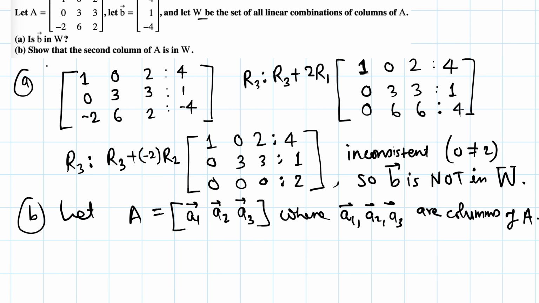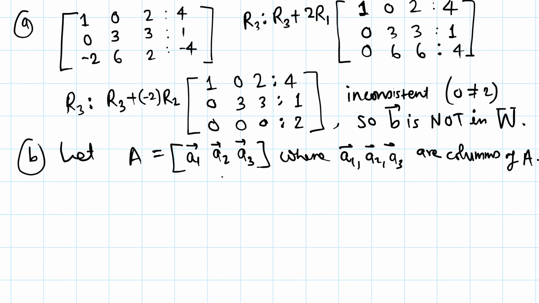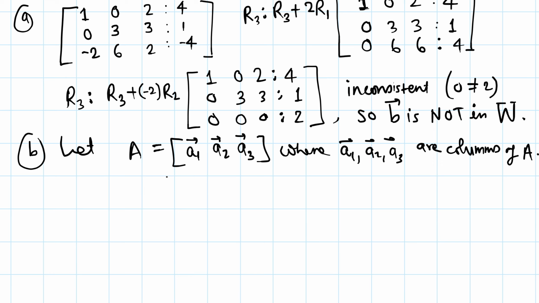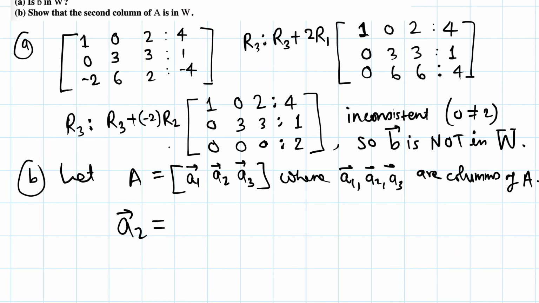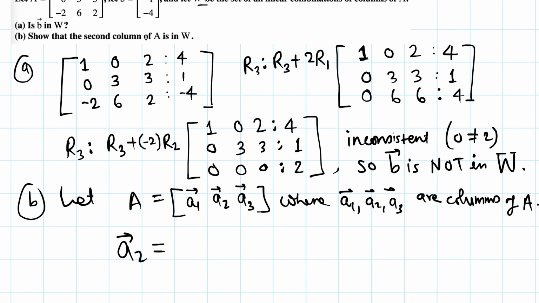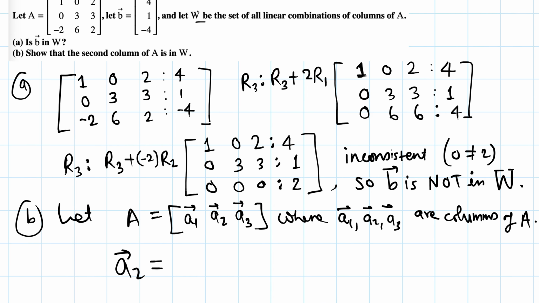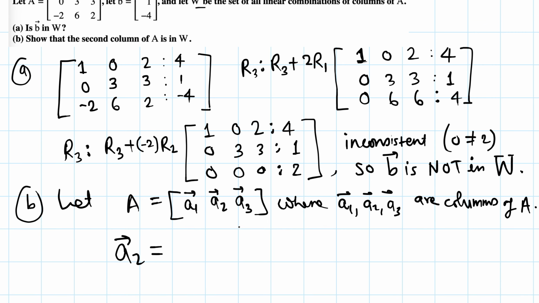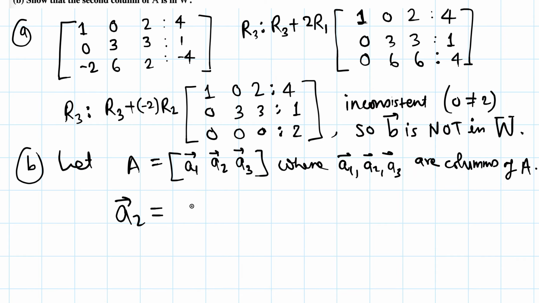Now the question is, the second column A2 is in W, which means the second column can be written as a linear combination of A1, A2 and A3. So something times A1 plus something times A2 plus something times A3. We need to prove this.